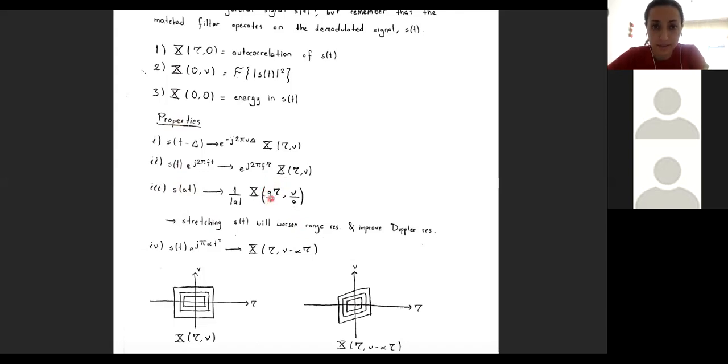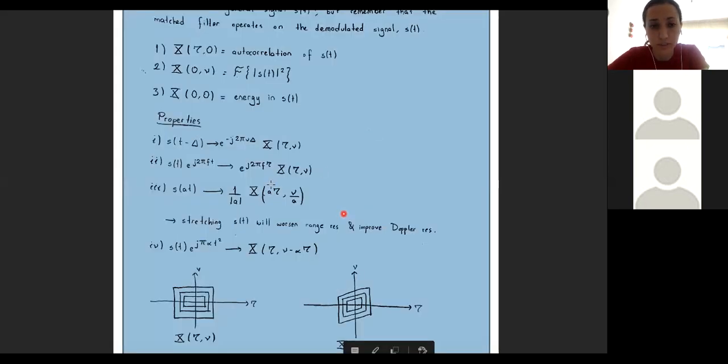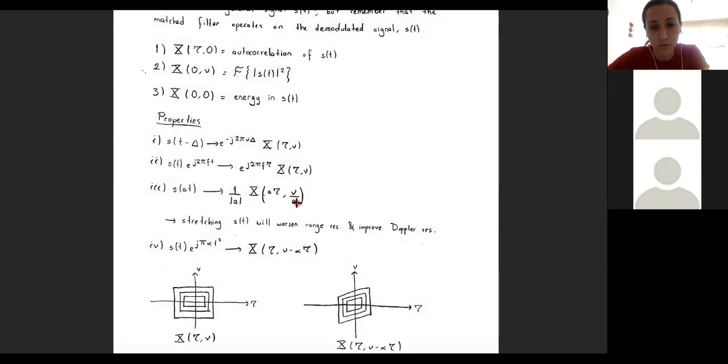So we have the same scaling for the variable tau, but we have opposite scaling for the variable v, and remember that this carries frequency information. So we see this inverse scaling effect on the v variable, and we also have this 1 over a scaling term in the front, mostly because of this a term here.